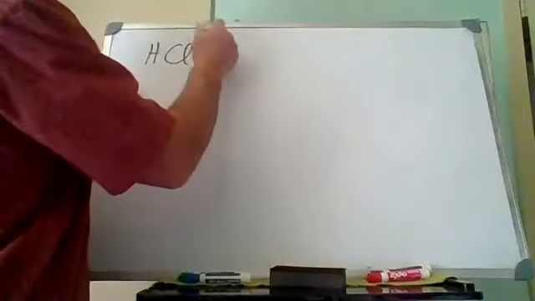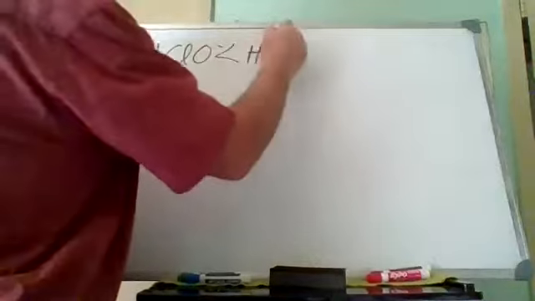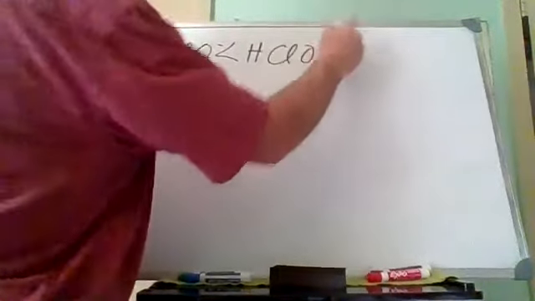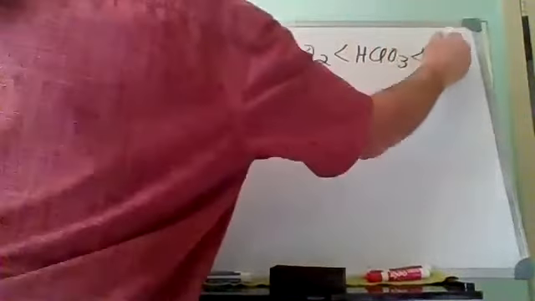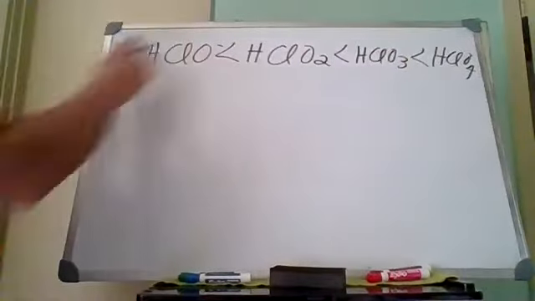Let's write it in the order they write it. It's weaker than HClO2, is weaker than HClO3, is weaker than HClO4.